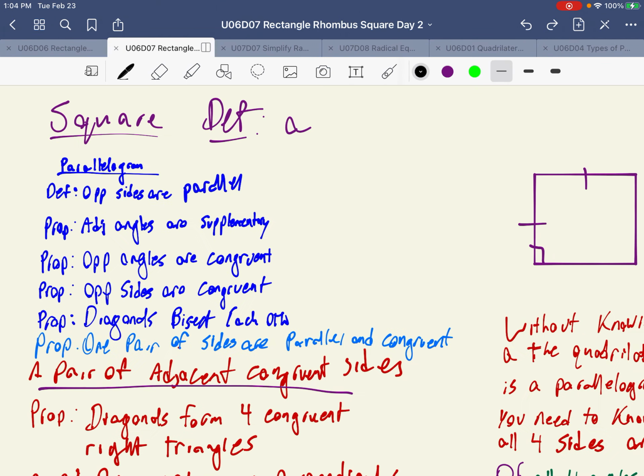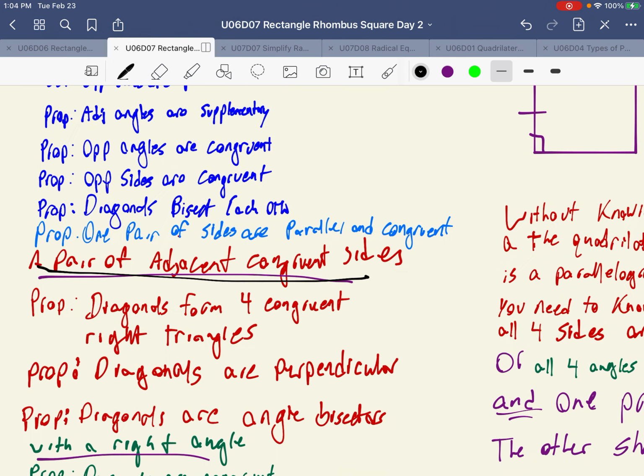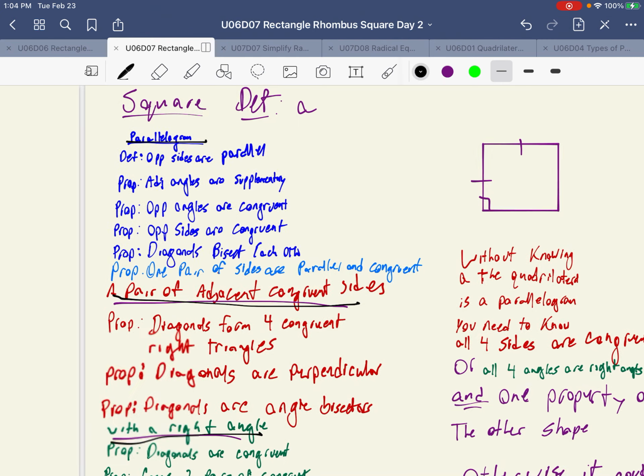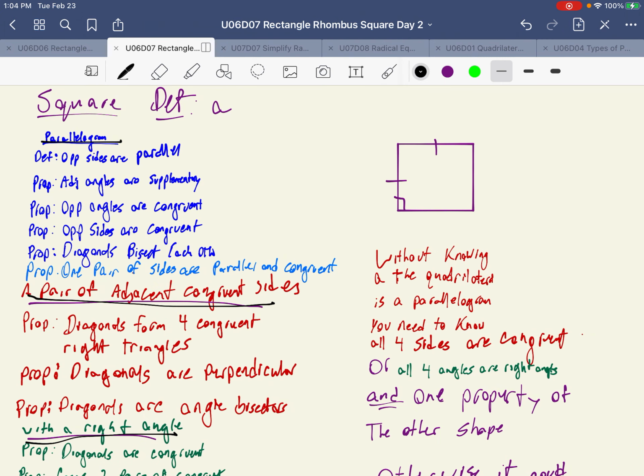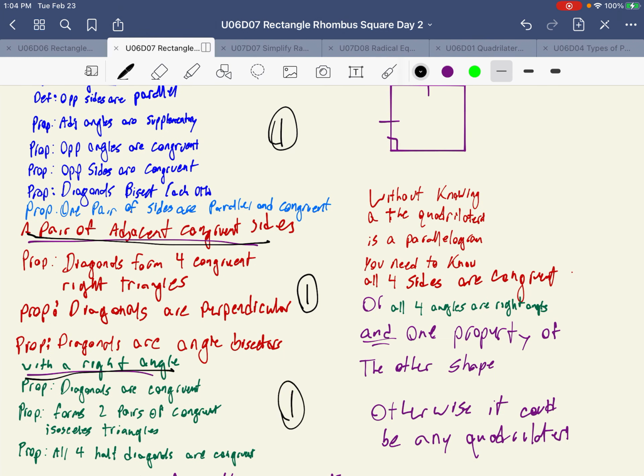So the definition of a square is it is a parallelogram with a pair of adjacent congruent sides and a right angle. In other words, you need to show that a square is a square by showing it has the property of a parallelogram, a property of a rhombus, and the property of a rectangle. If it has one property of each, it is a square.